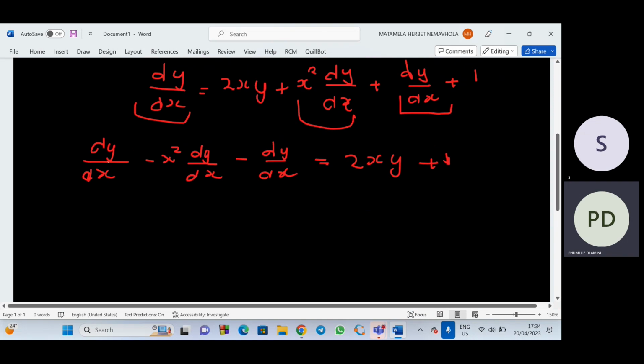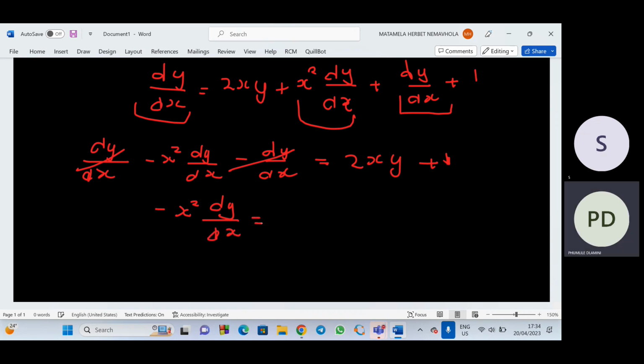Now when we have done this, this one is going to subtract with this one. Then we're going to be left with negative x squared dy over dx equals 2xy plus 1. Then you can divide by negative x squared.